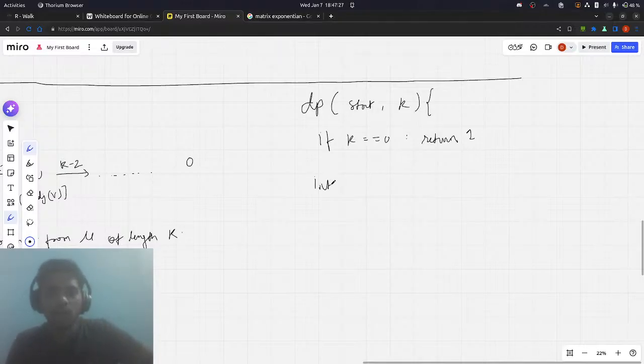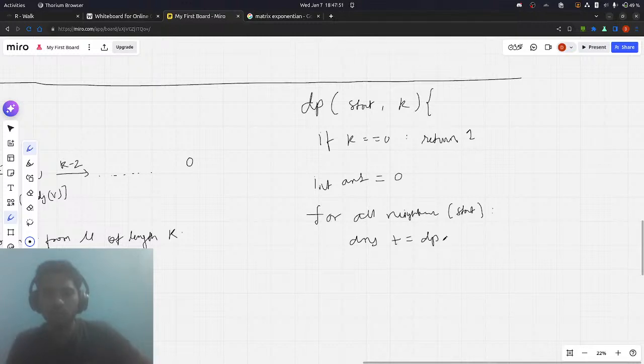Otherwise we'll have our answer, and for all neighbors of the starting vertex, we'll add to the answer dp of neighbor and k minus 1.